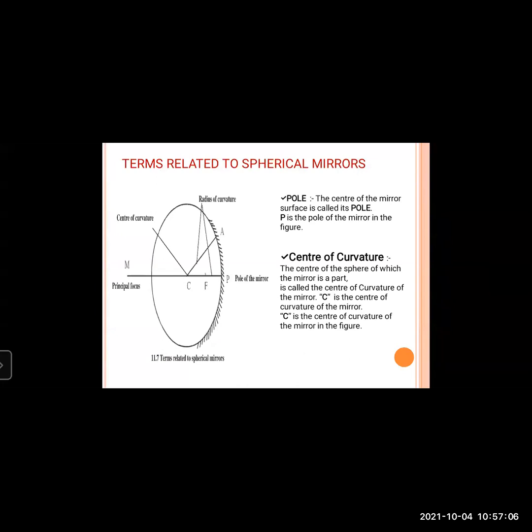P is the pole of the mirror in the figure. The center of the sphere of which the mirror is a part is called the center of curvature of the mirror. C is the center of curvature of the mirror, denoted by capital C.